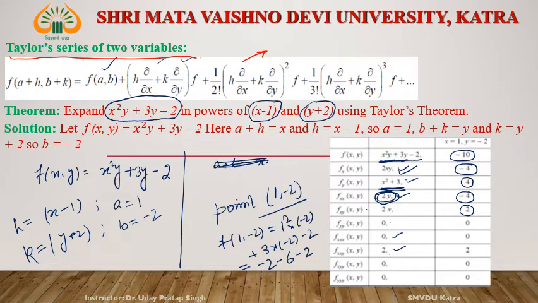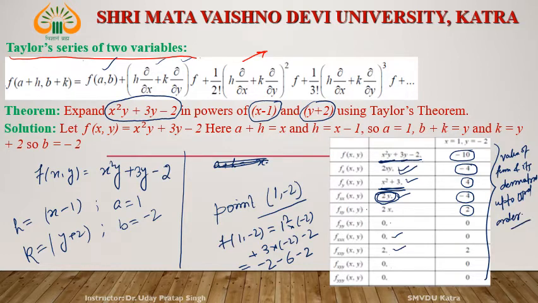Okay. So this table gives us the value of the function and its derivatives up to third order, right?